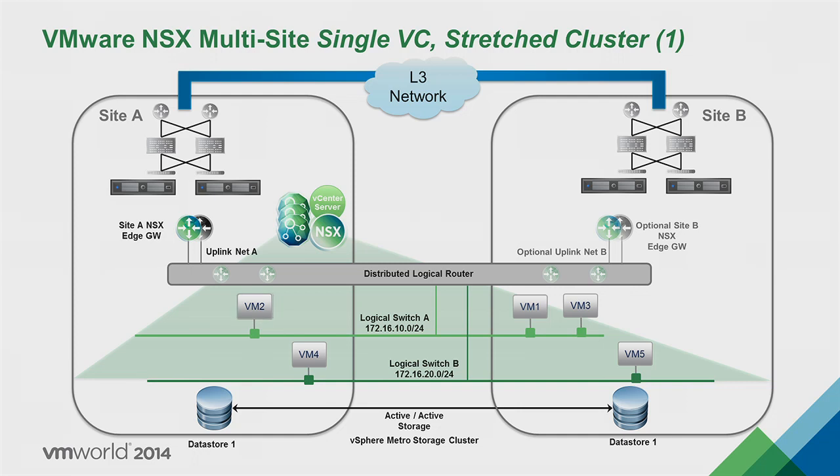And so in this scenario, for traffic that has to actually go north-south, any virtual machines that are running in site A will use the site A edge gateways. And virtual machines over here in site B will use their local site gateway as well. And we'll talk about exactly how this works over the next few slides.